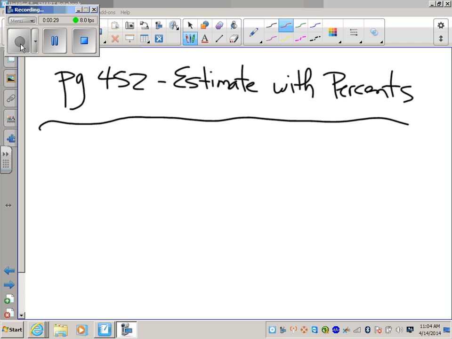Give me a situation where you might use estimation in real life. When you go to the store and you buy something.